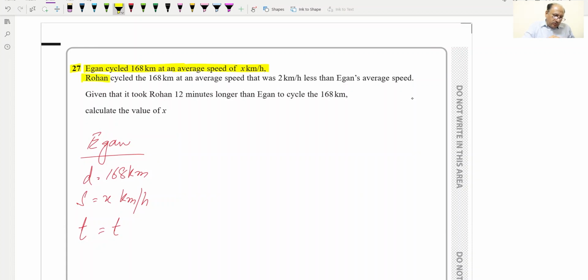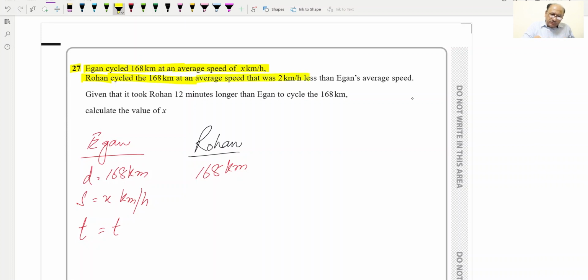Now for Rohan, we can also write. The information is he cycled 168 kilometers. It's the same distance, so this will be 168 kilometers. And in how much time?